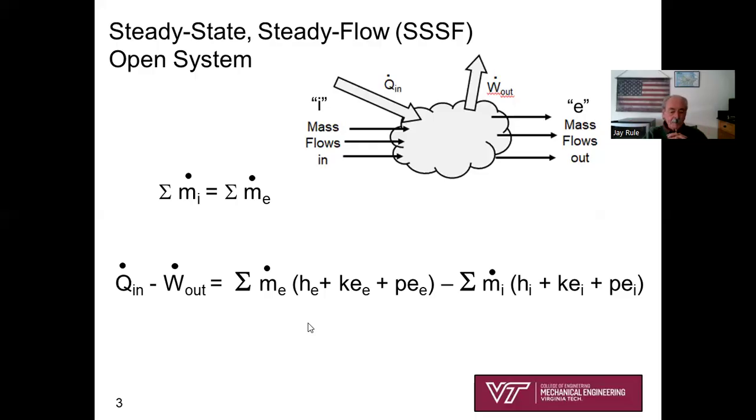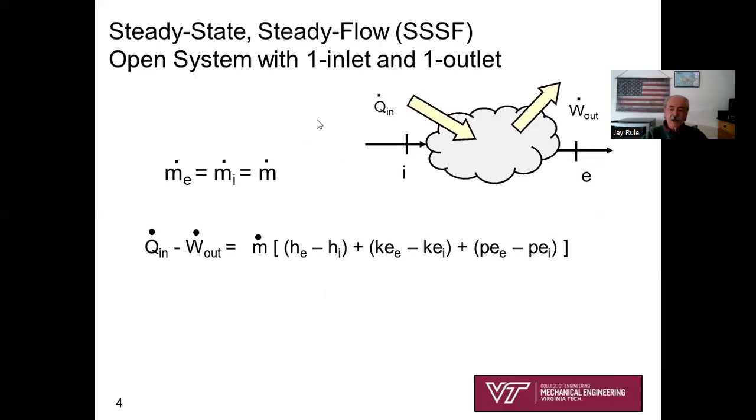That's great. But then we observed that in a lot of cases, there's an awful lot of engineering equipment out there, manufacturing equipment, processing equipment, and they're not exactly clouds. They're other things, but typically they have only one inlet and one outlet.